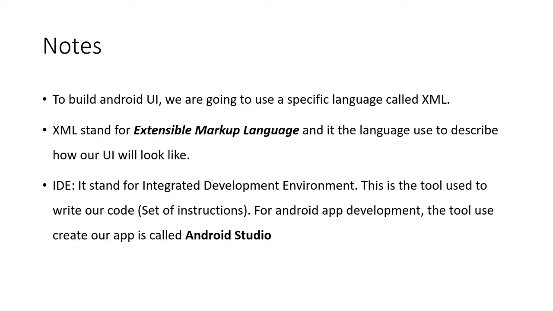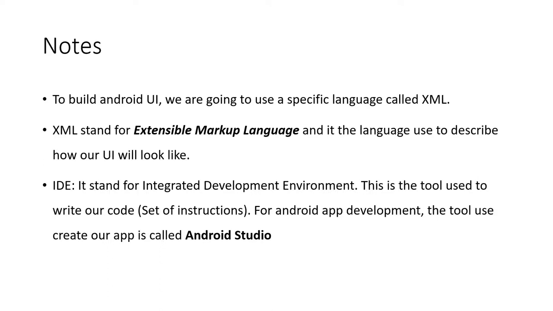Next, before we continue, we have to know that in building UI, we are going to use a language called XML. XML stands for Extensible Markup Language, and this is a language used to describe UIs in Android.